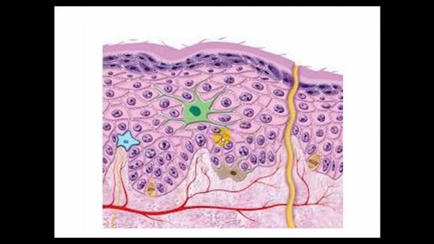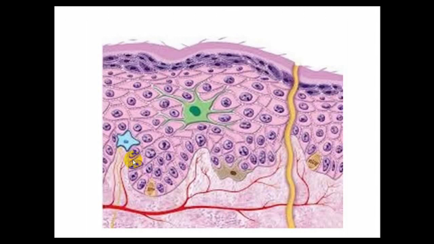Merkel cells. These are Merkel cells. This type of cell is distributed among the keratinocytes of the stratum basale.